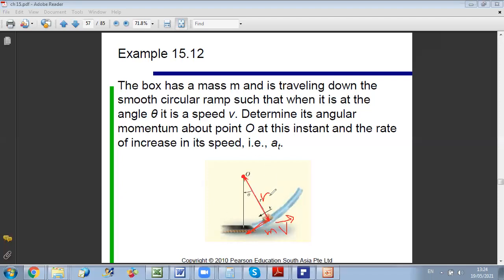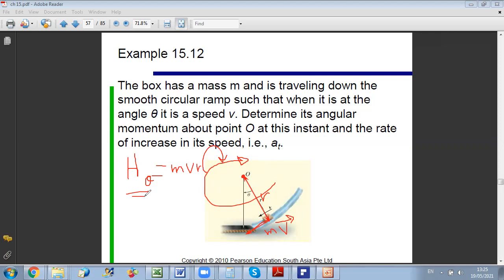And to know the direction, from the right-hand rule, the corresponding angular momentum will be clockwise. So I can write that HO is equal to mv times r in the clockwise direction. So this is the value of the angular momentum.